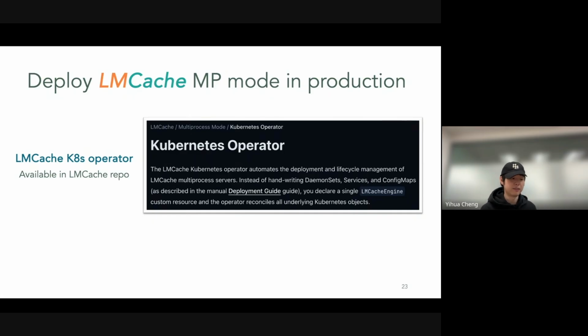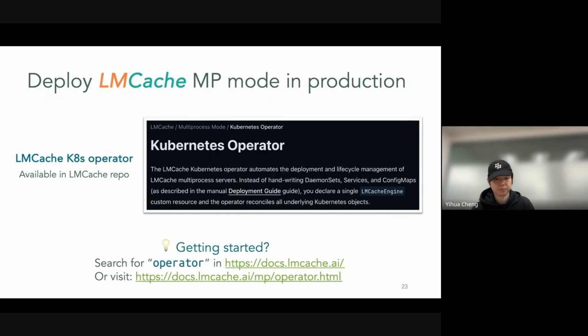It's a Kubernetes CRD plus a controller, and you can deploy it onto your distributed Kubernetes production cluster with just a few configurations via some kubectl calls. If you're interested in this Kubernetes operator, you can just search for the operator in our LMCache document, or directly visit docs.lmcache.ai/mp/operator.html.